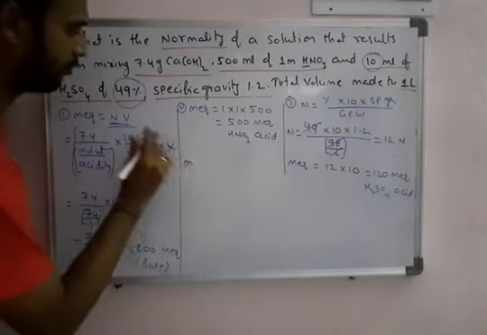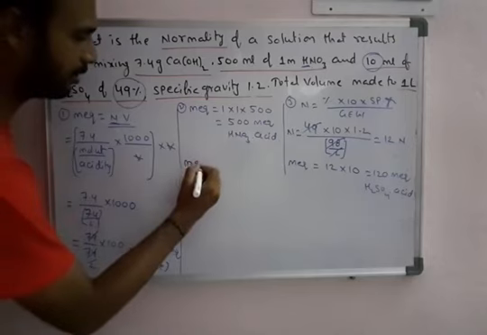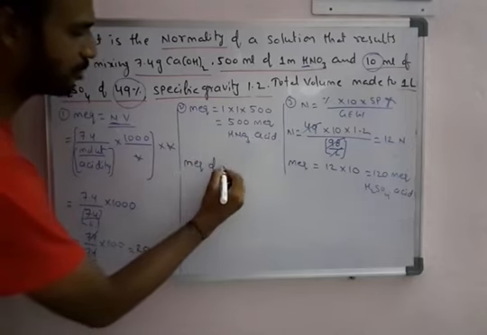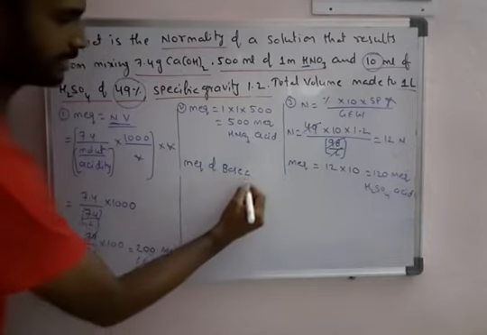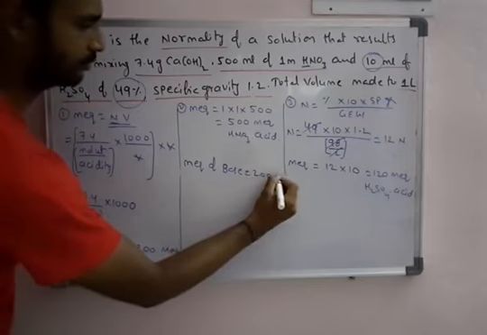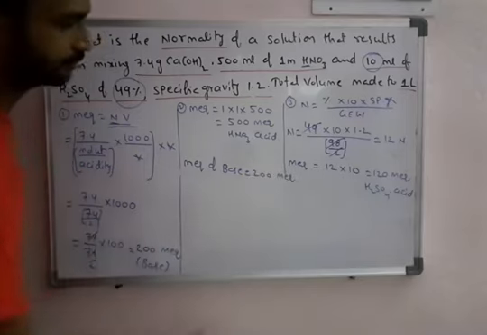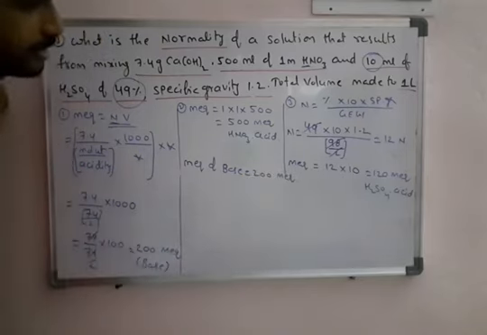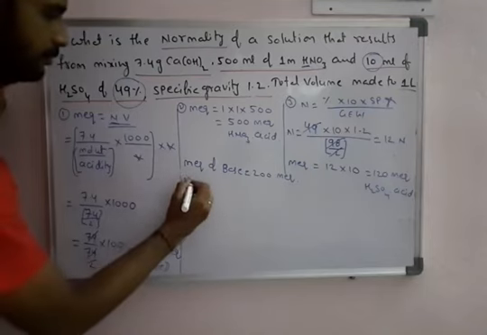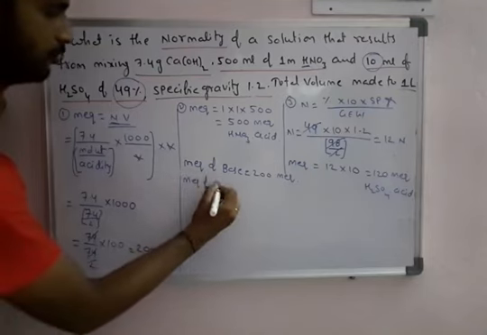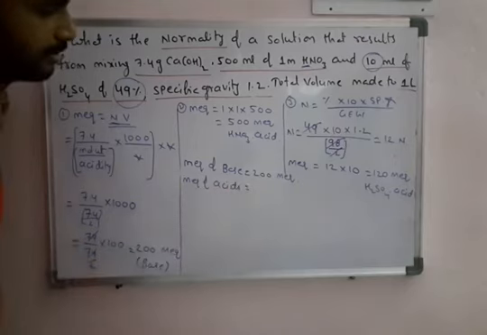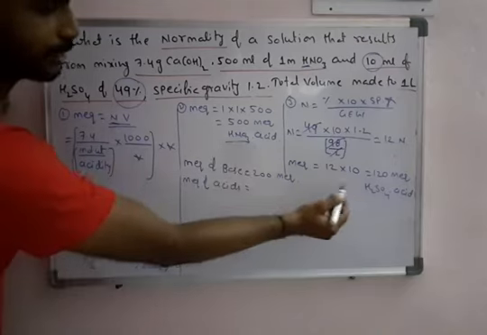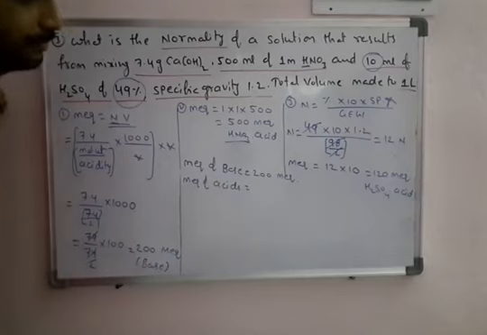So from these three solutions, the milli equivalents of the given base is how much? Just 200. And the milli equivalents of total acids, here two are acids, HNO3 and H2SO4, both are acids.